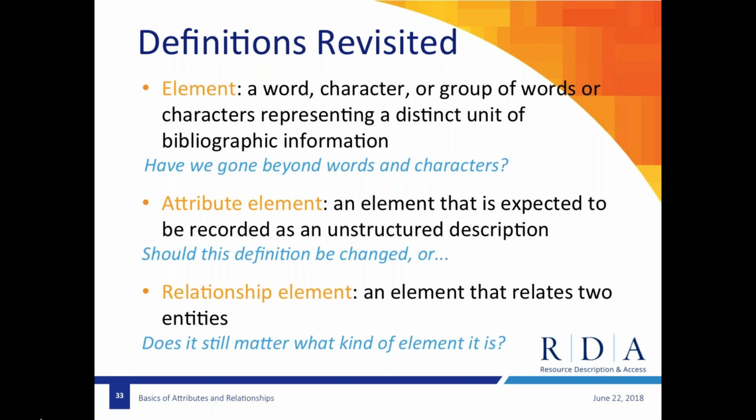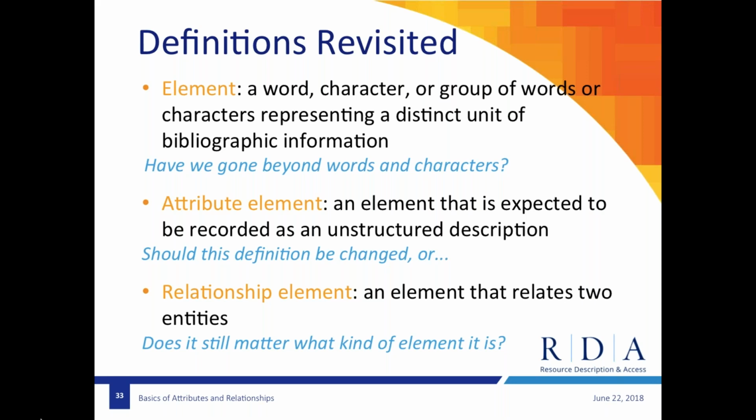So I'll say it was never really explicitly explained in the original toolkit, but by process of elimination, if you look at how things are structured, the elements that you can use for an authorized access point or variant access point for an entity are always attributes in the original toolkit, not relationships. Again, that seems a bit odd since they're both useful in identifying an entity, and we say all elements are equal.